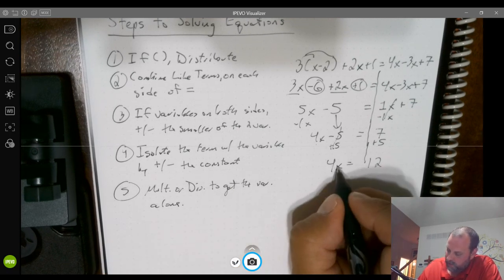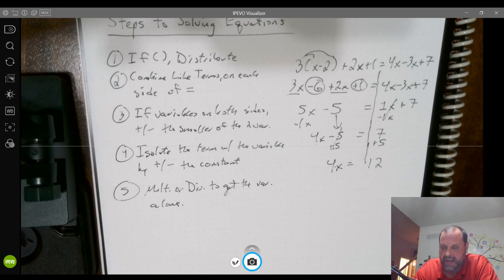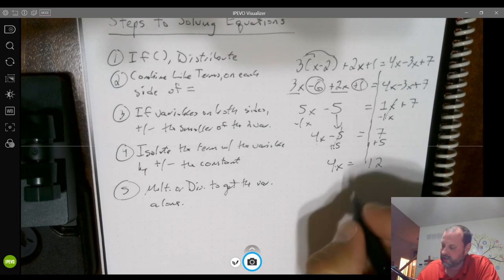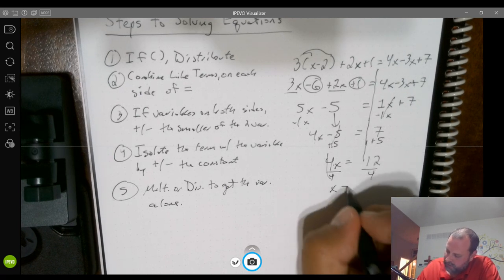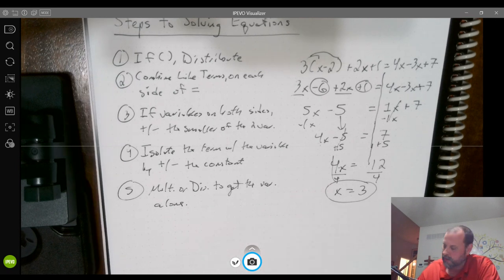So in this case, 4 and x, you want to put the dot in there to remind you they're attached by multiplication. The opposite of multiplication is division. So I divide both sides by 4, and I end up with x is equal to 3.